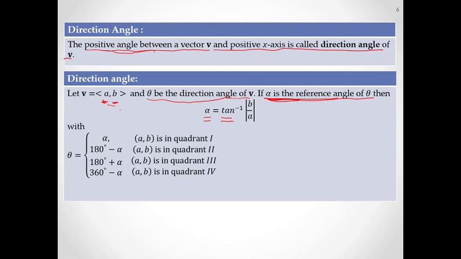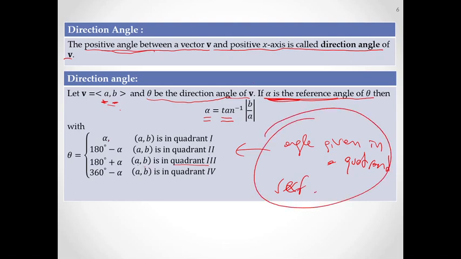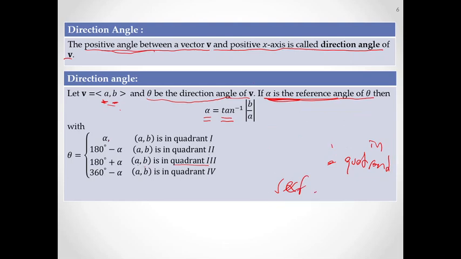If (A, B) is in the 2nd quadrant, it's 180 minus alpha, and if it is in the 3rd quadrant, it has to be 180 plus alpha. So this resembles an angle in a given quadrant and its reference angle, and we want to find the angle.